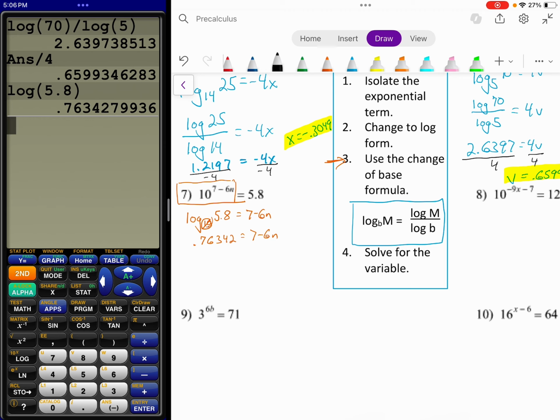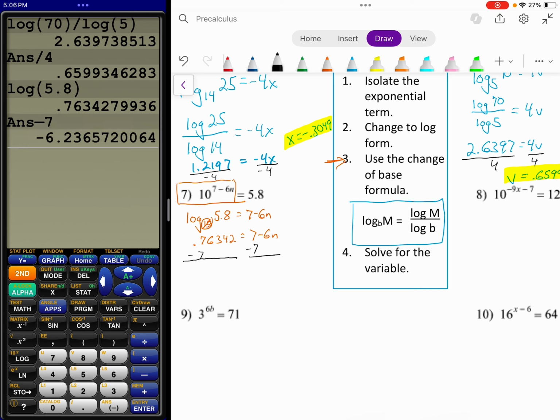It'll take us a couple more steps, so we're going to subtract 7 from both sides, and just keep stuff in your calculator now, so we can take that previous answer in our calculator, the 0.76342, we can subtract 7 from that, so minus 7. That gives us negative 6.2366 equals negative 6n. And then lastly, we divide by negative 6.